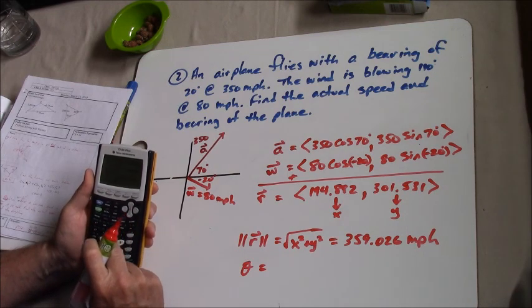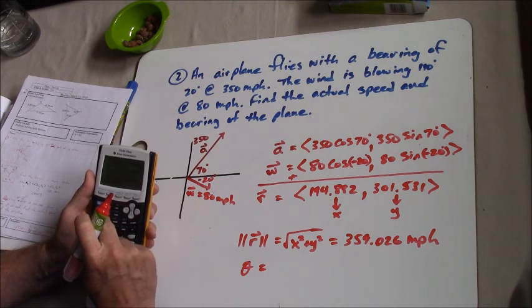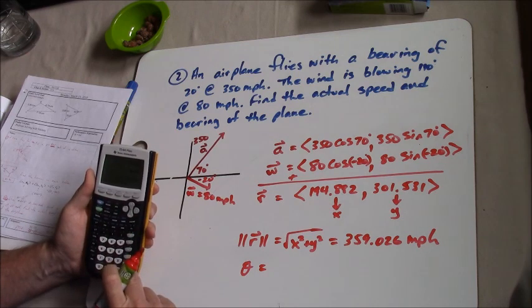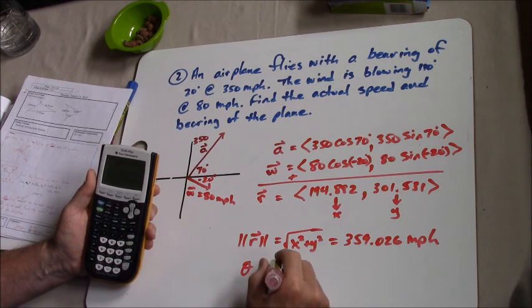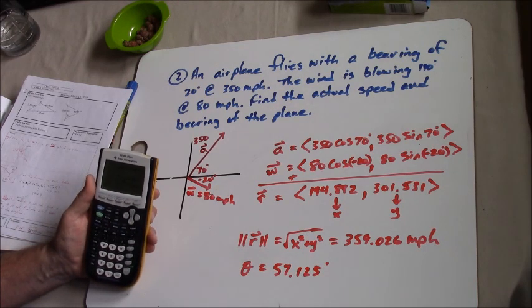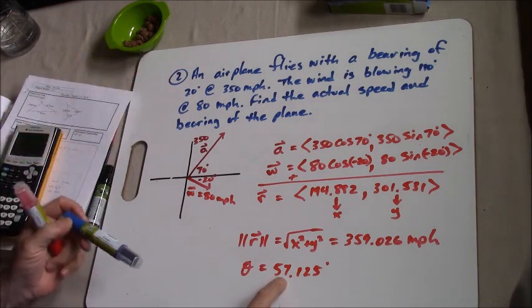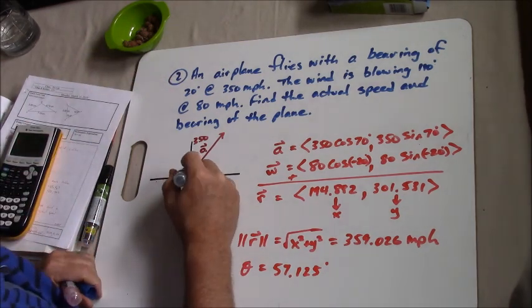All right, so now the angle, I'm going to do inverse tangent of alpha y divided by x. And so what I got is 57.125 degrees. So remember, that's an angle with the positive x-axis.